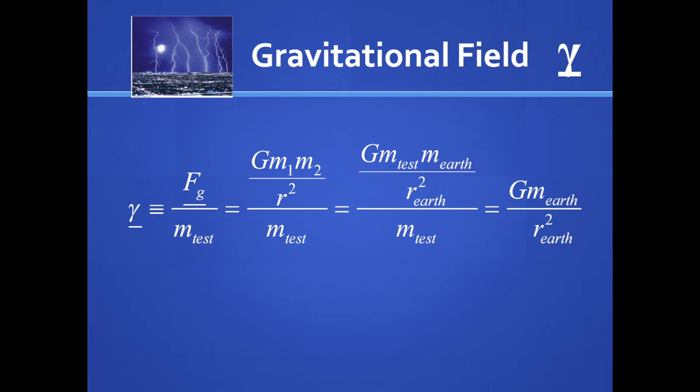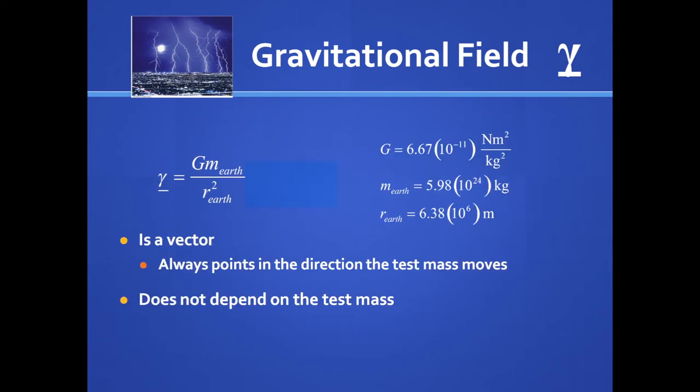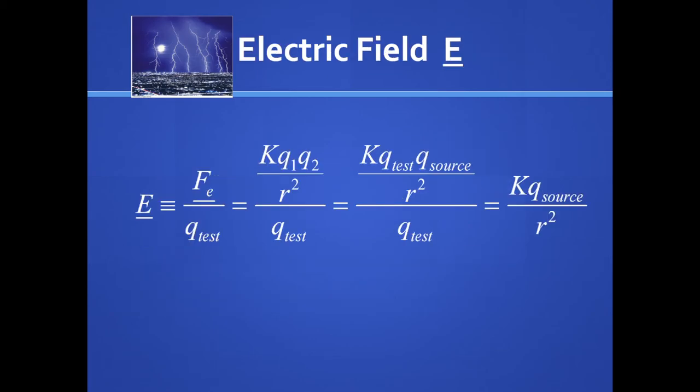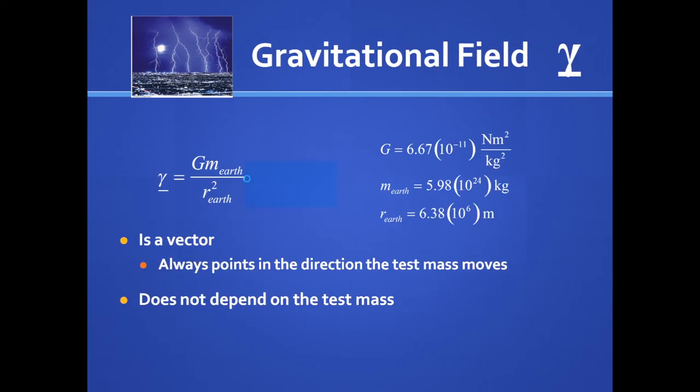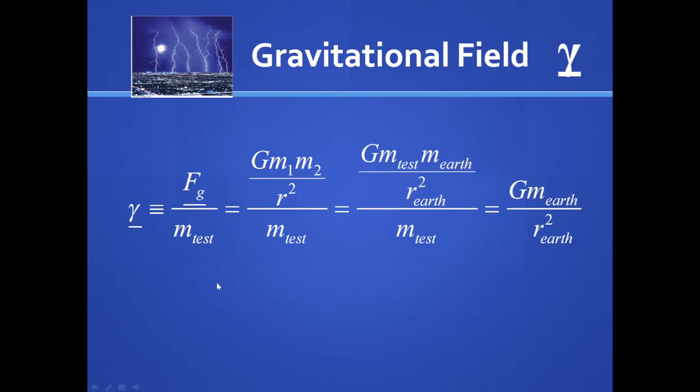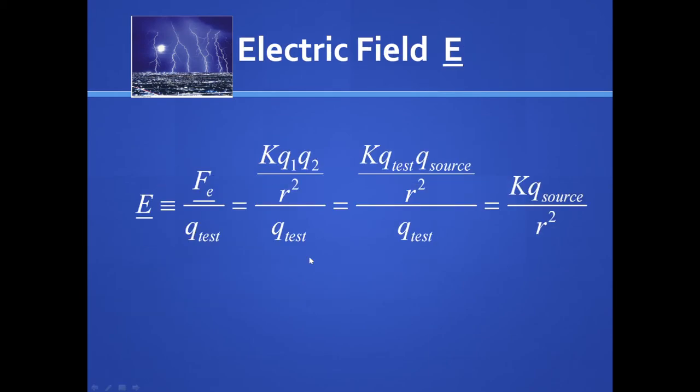And I'm bringing all this up again to draw a direct comparison to the electric field, to electricity and magnetism. Currently on screen is the same basic process that was taken to edit the gravitational formula, but applied to Coulomb's law instead. So right here, we have the Coulomb's law equation.